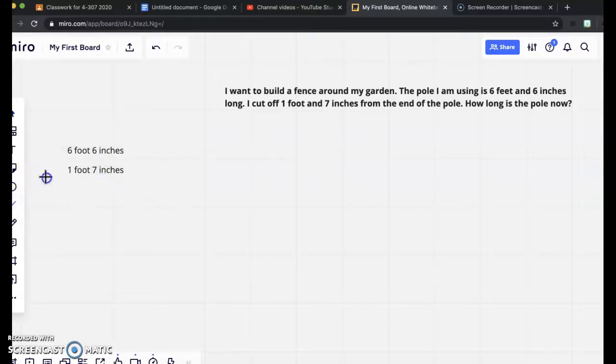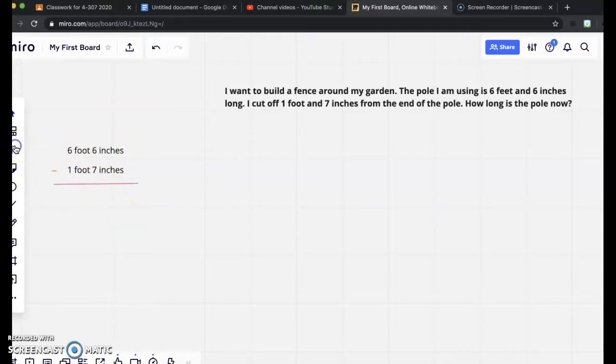All right. Can you subtract these two as they are? 6 minus 7, can you subtract? No. You could do 6 minus 1, but you can't subtract 6 minus 7. So you need to convert as your first step in order to determine the answer.